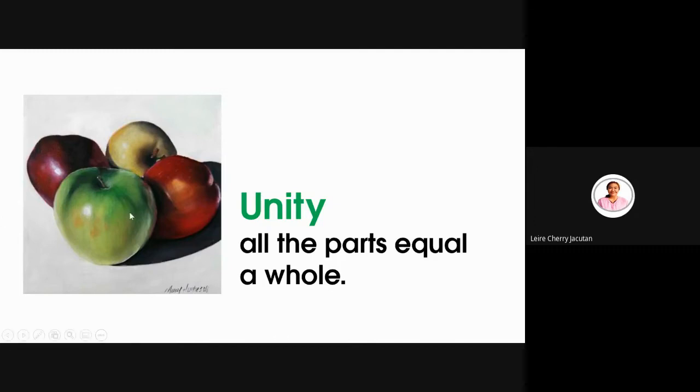Example nito is yung painting na to, di ba? Although they are different colors, pero pare-pare silang apple. Nakuha? So it doesn't necessarily mean na dapat pare-pare sila ng kulay. As long as yung message na kino-convey niya is the same, meron siyang tinatawag natin na visual unity.